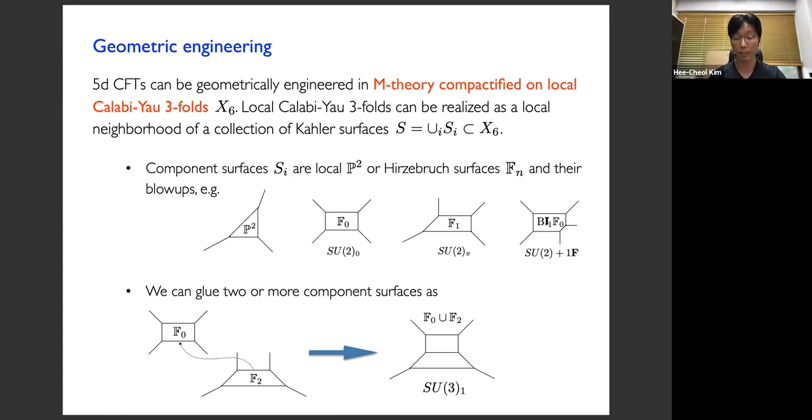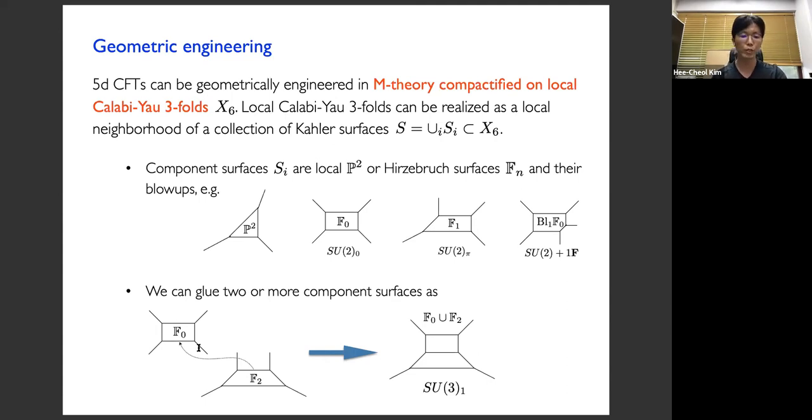And this component surface itself can also engineer rank 1 5D gauge theories or 5D field theories. For example, F0 realizes the SU(2) gauge theory at theta equals 0, and F1 realizes SU(2) at theta equals pi, and so on. We can also glue these component surfaces together to form a bigger surface embedded in the Calabi-Yau threefold. So this is an example of gluing two surfaces.